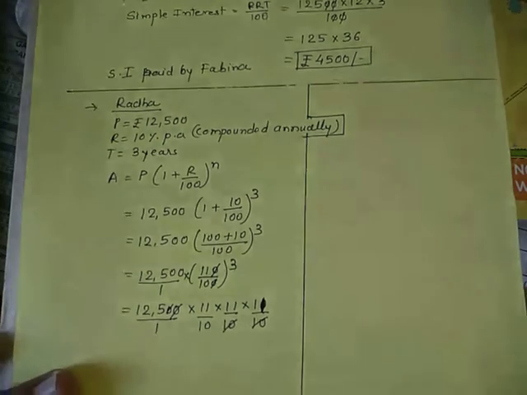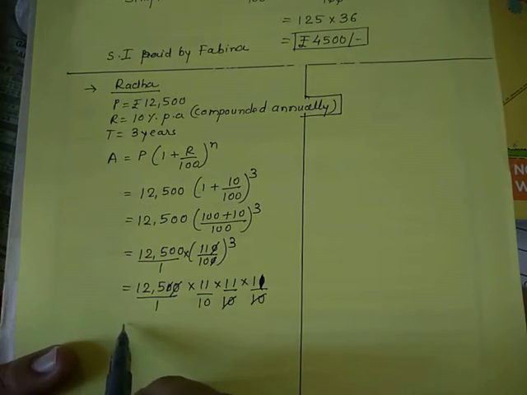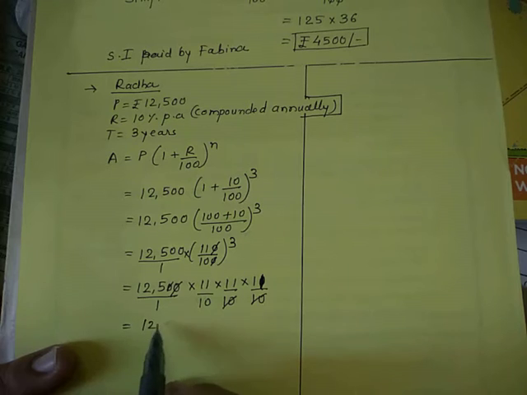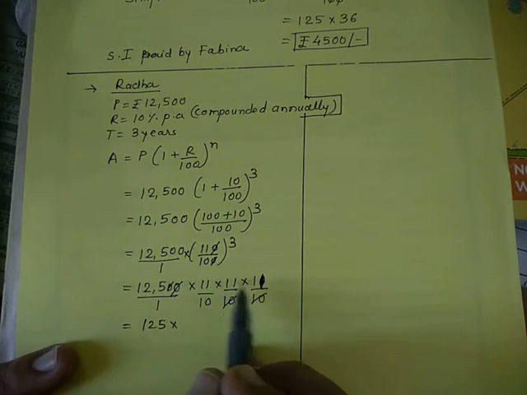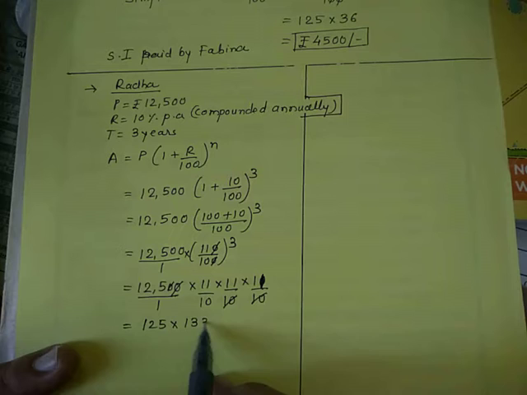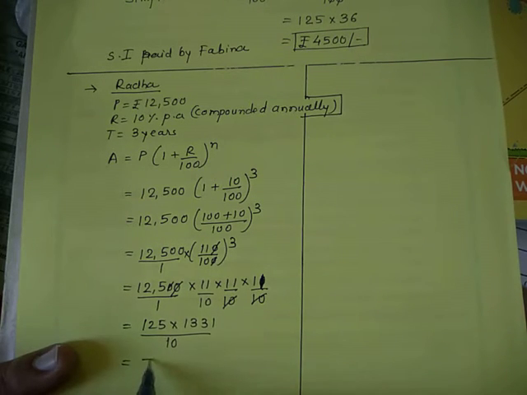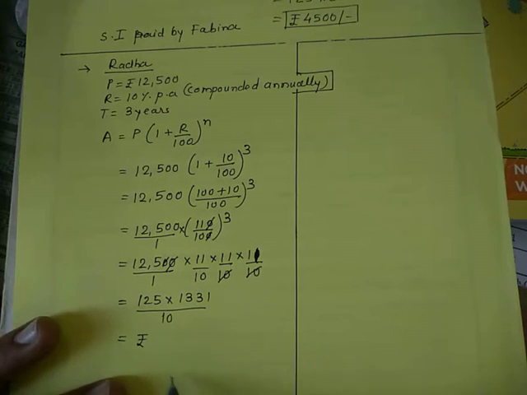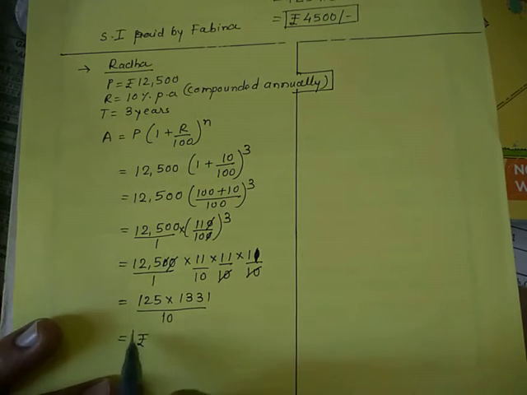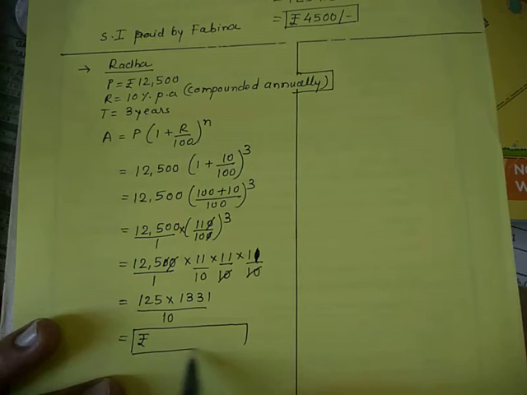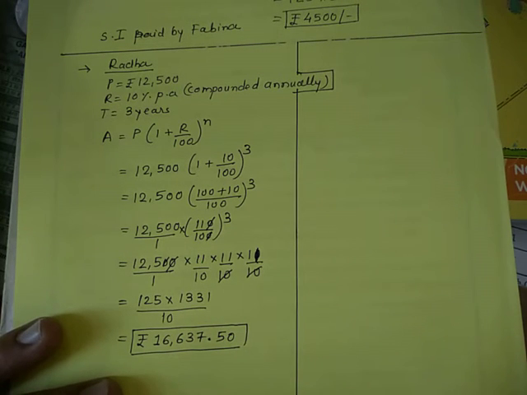So if I do the calculations, it will be 125 multiplied by 11 into 11 into 11, that will be 1331 by 10. If I do the calculation and further divide this by 10, I get the amount 16,637.50 paisa. So this is the amount.